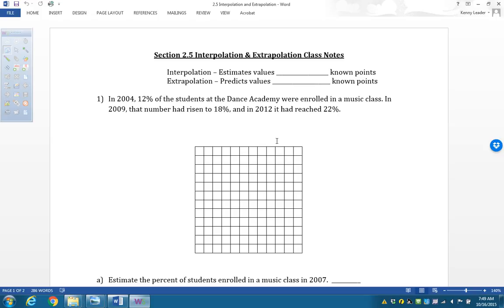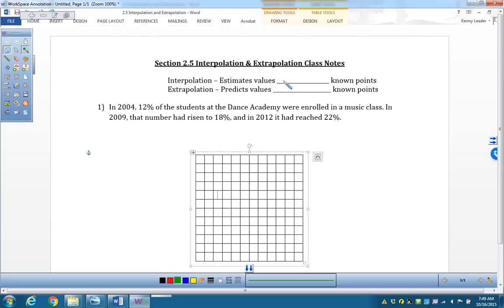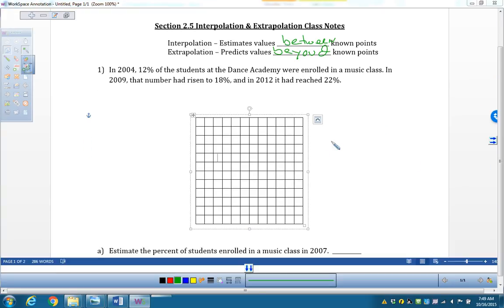And so the difference between these two things: interpolation estimates values between known points, and extrapolation predicts values beyond known points, okay? So you could make a graph of things to figure things out.